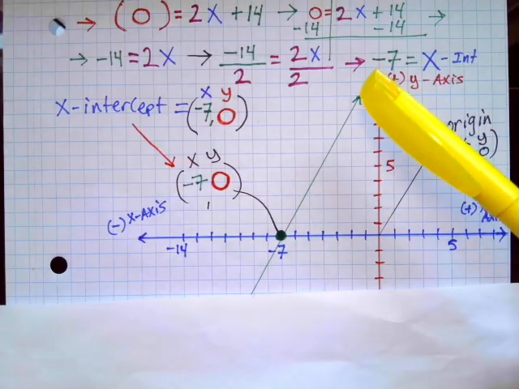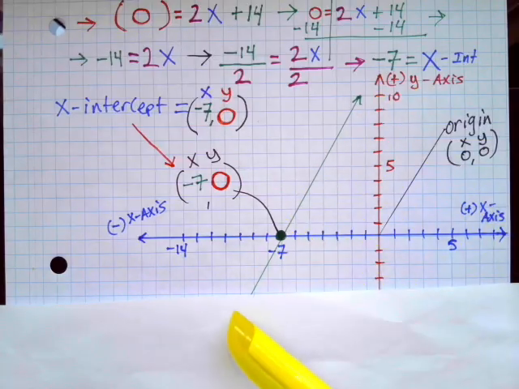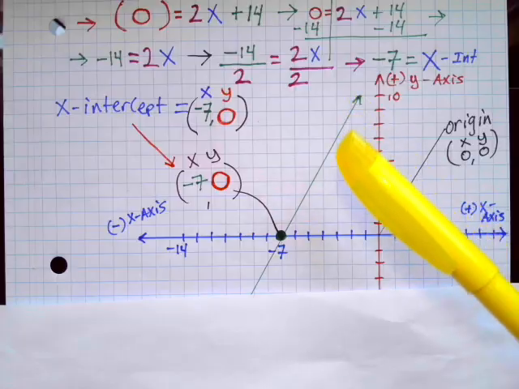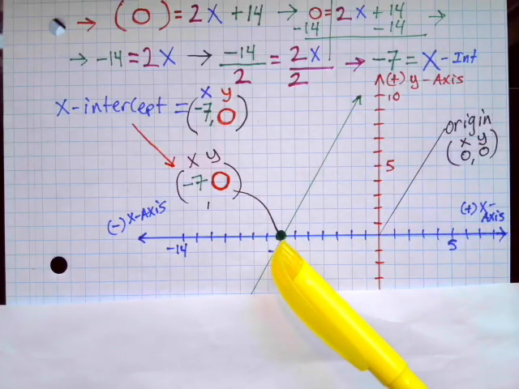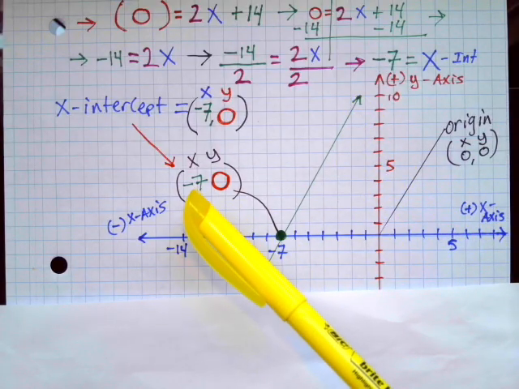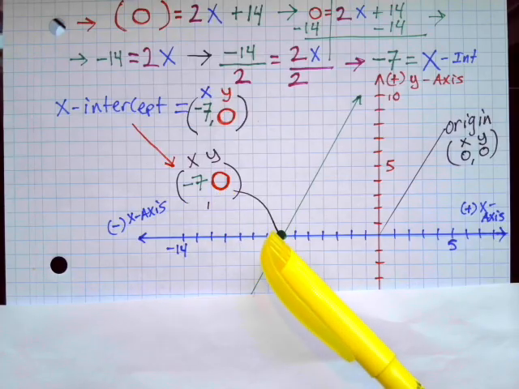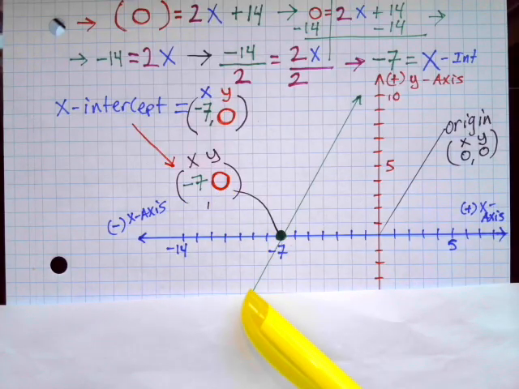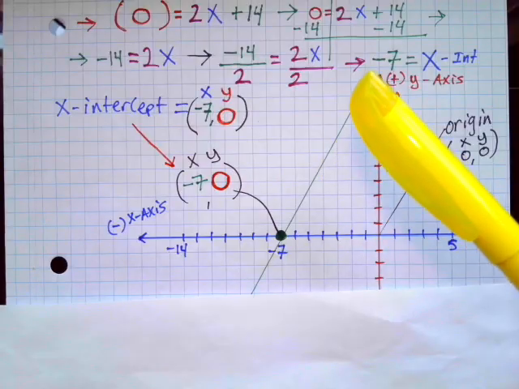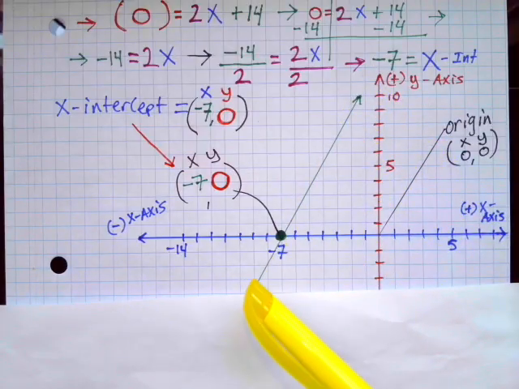That means this graph line is not the graph line of the equation I showed you. I just wanted to show you where x is negative 7 and y is 0. That's the x-axis and how the graphed straight line will go through that x-axis.